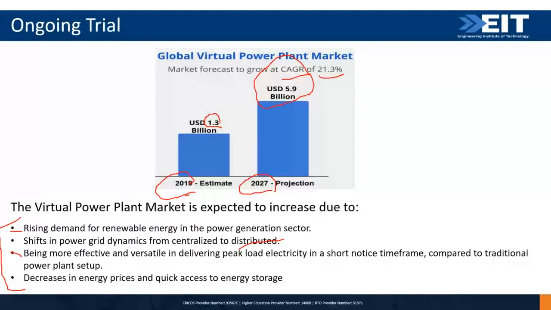VPPs are more effective in dealing with peak demand or peak load, and they can quickly help the grid to feed the peak load, but this cannot be done by traditional power plants.